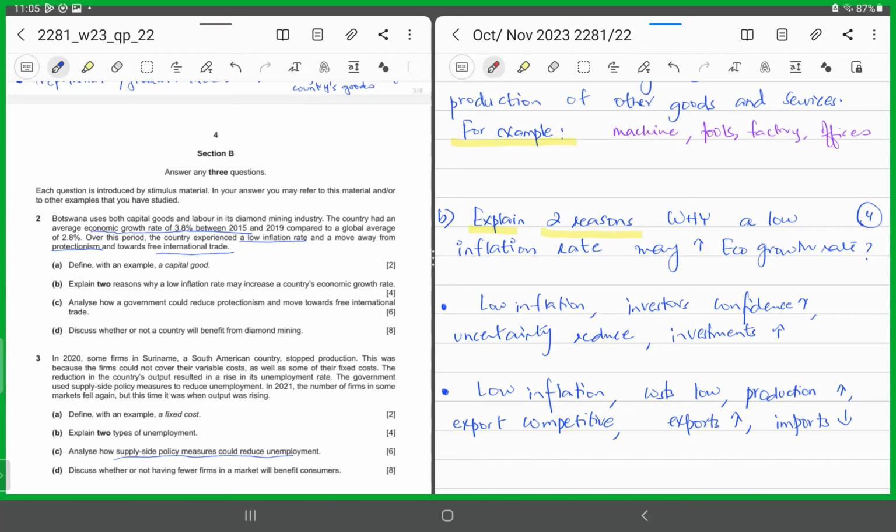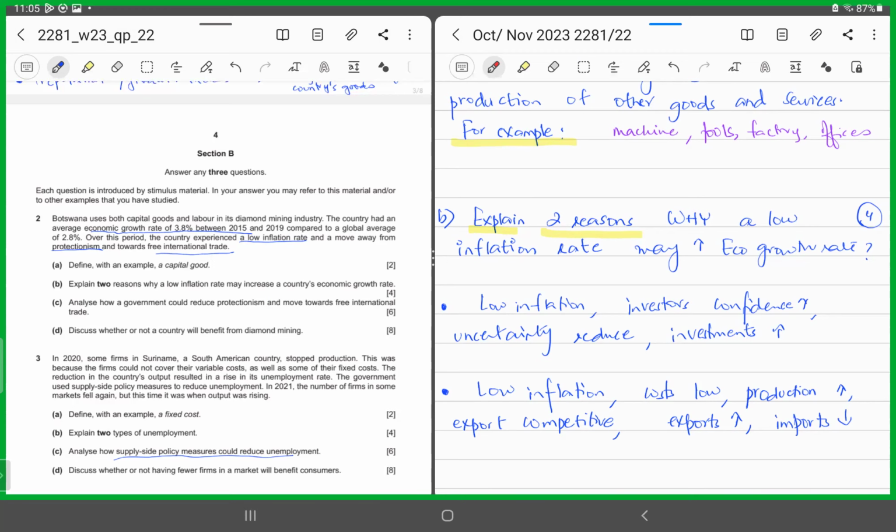You will say a low inflation rate would boost investors' confidence, so the level of uncertainty in the economy would reduce, and as a result, investments would rise, leading towards a higher economic growth rate. The second point, you might say that a low inflation rate would mean that costs would be low, production would increase, and firms would be able to produce more goods.